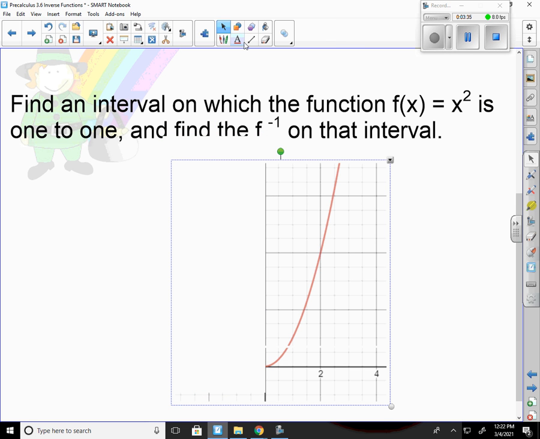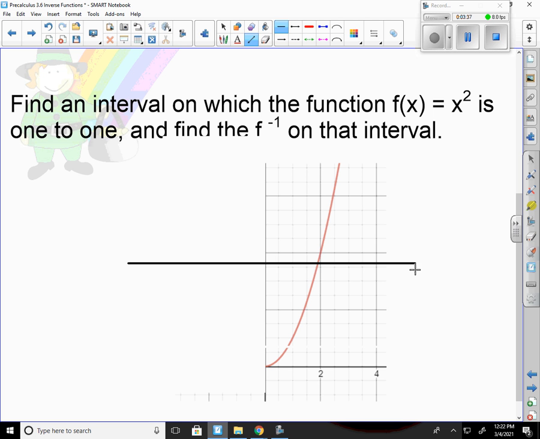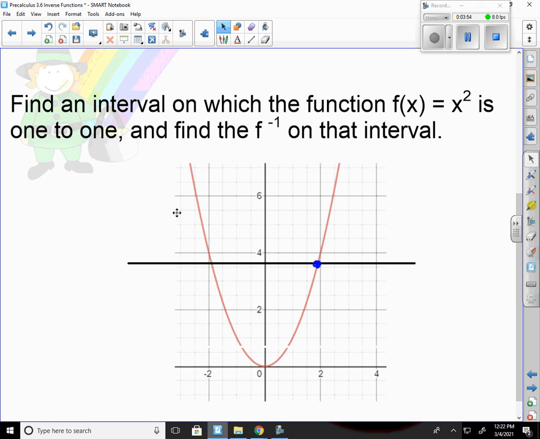It only goes through 1 spot each time. There's nothing over here. So that's essentially what we're doing. We're creating this white block and we are blocking out half of the graph.